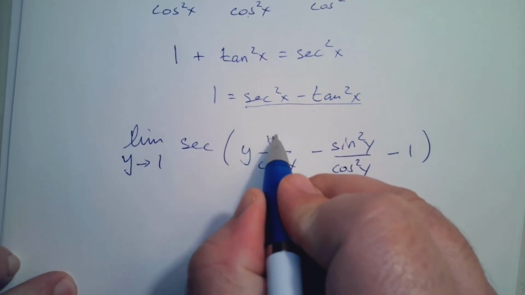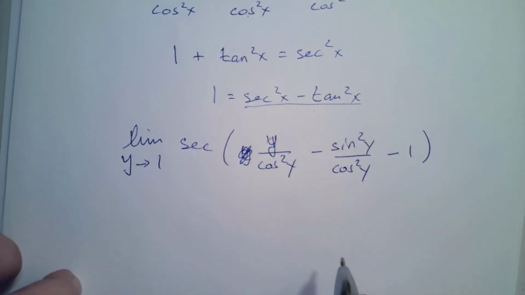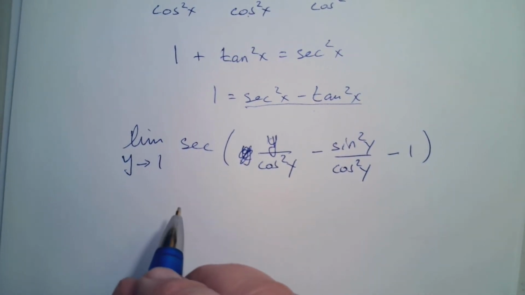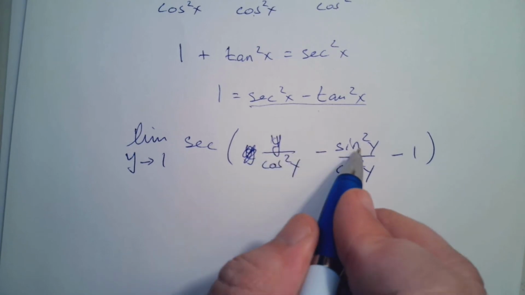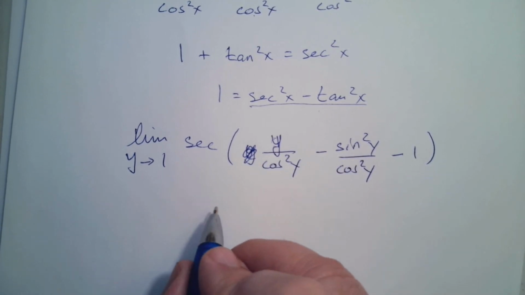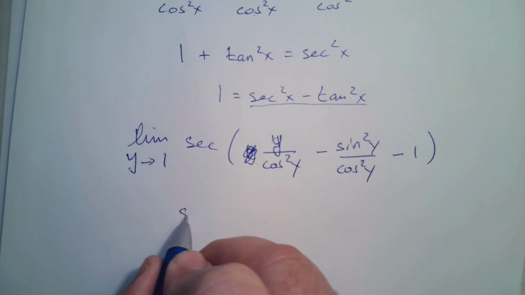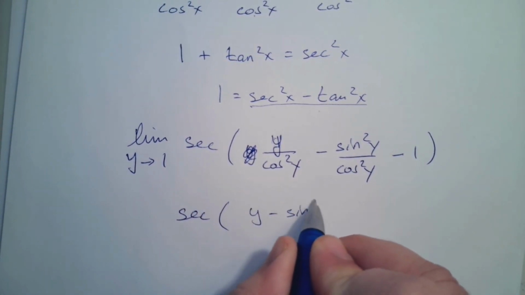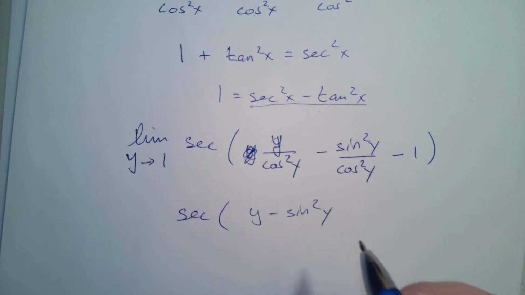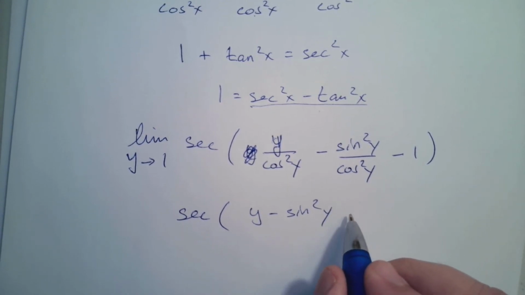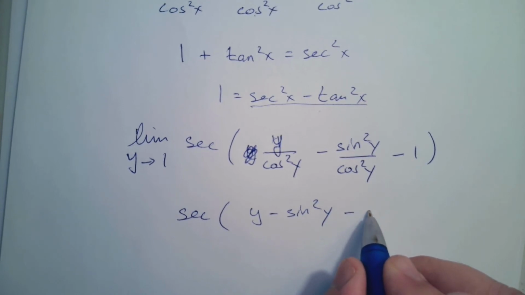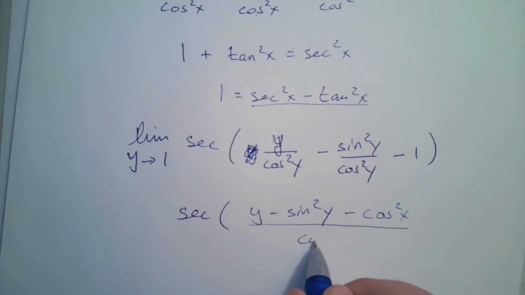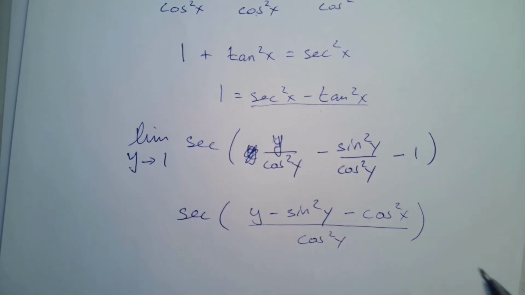So this one is y over x squared. So 1 minus sine squared. So we have secant of y minus sine squared y minus cosine squared, all over cosine squared.